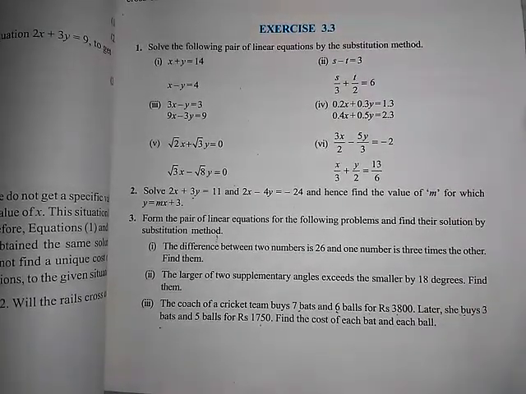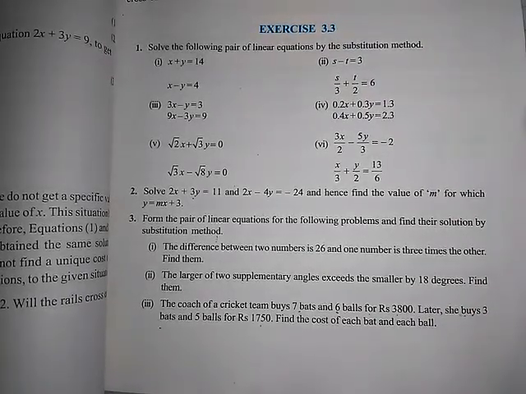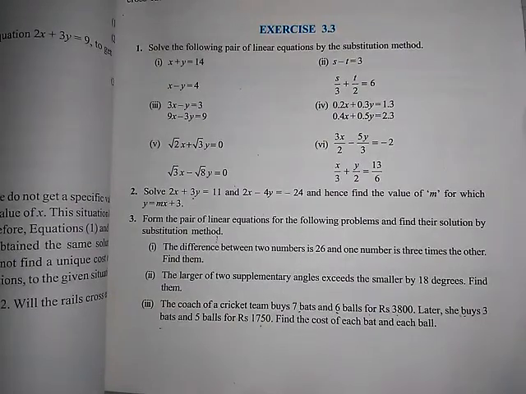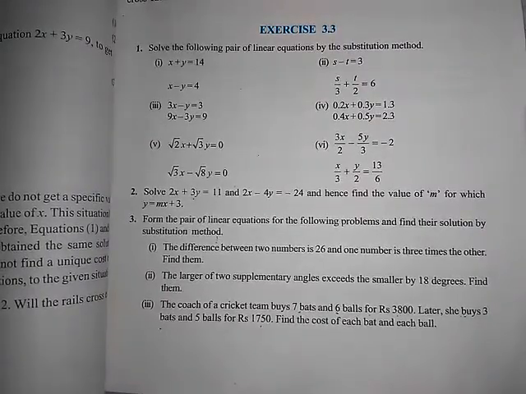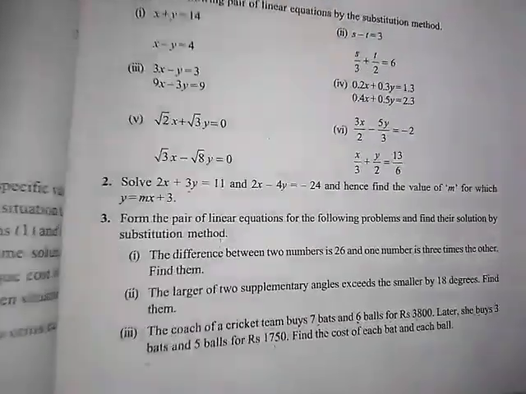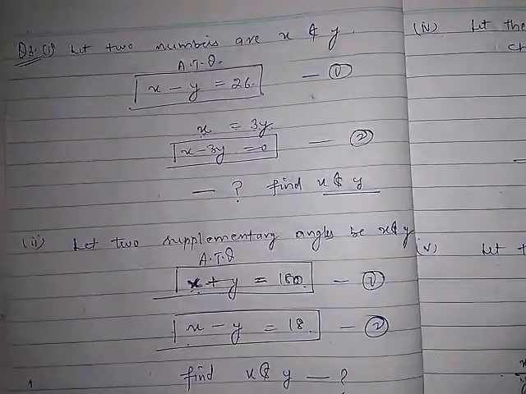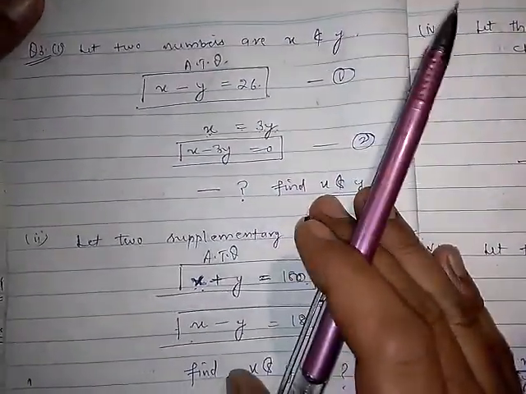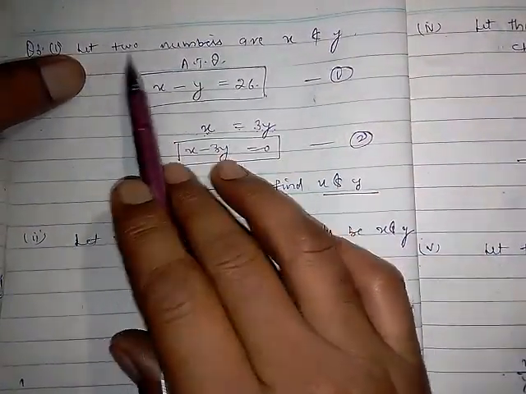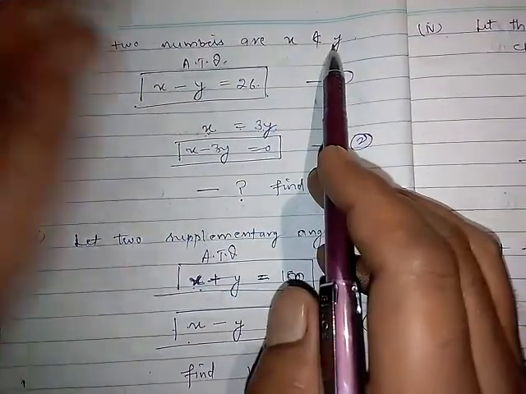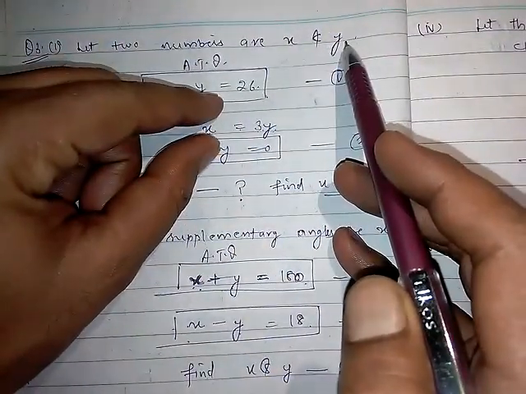Now beta, you are in senior class, you must know the meaning of this. One number is three times the other, it means one is bigger and the other one is smaller. Definitely, if they are talking about two numbers, one will be smaller and the second will be larger.